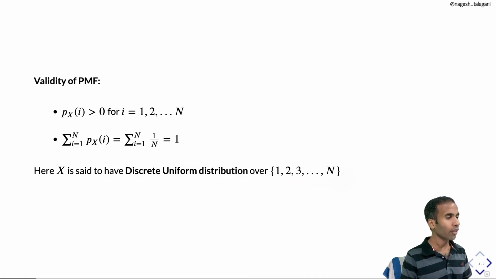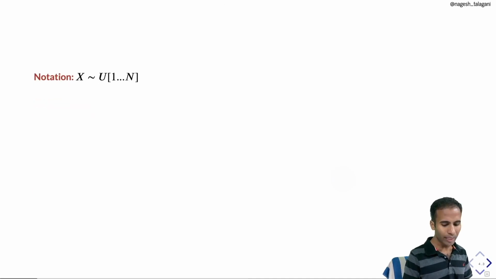We have a notation for this. We read it as X follows uniform distribution over 1 to n. In assignment 3, we have seen this distribution and we computed expectation, variance and MGF.